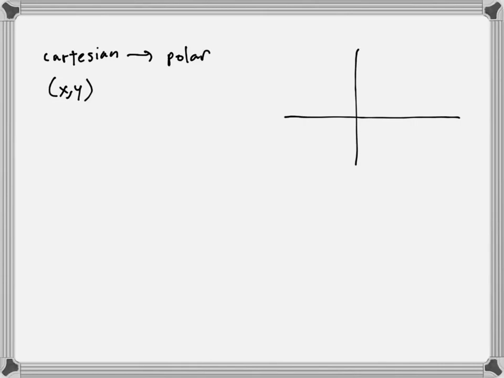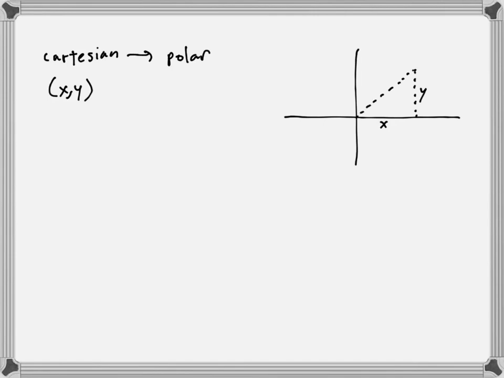Okay, now how would we go from Cartesian to polar? Remember, Cartesian means that you're starting with an x, y, right? So let's draw a picture of this. We're starting with the point. This is x and this is y, and then we want to figure out what that theta is.